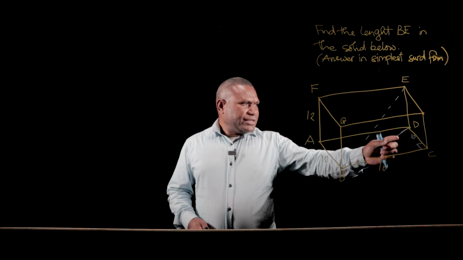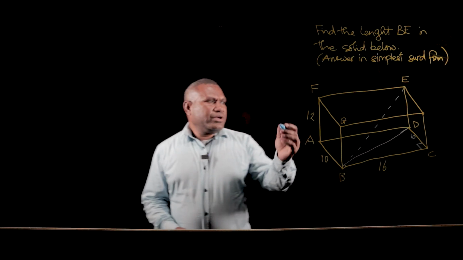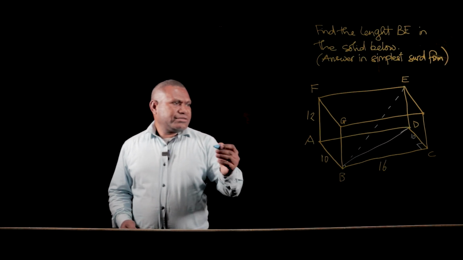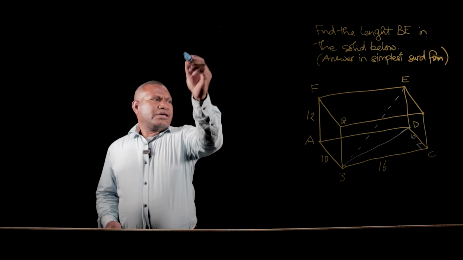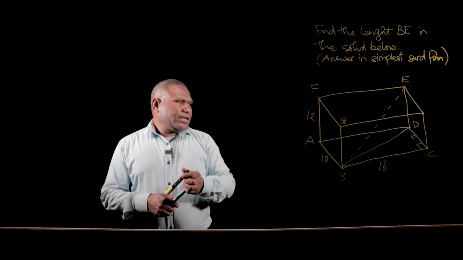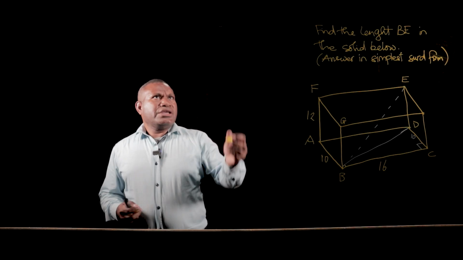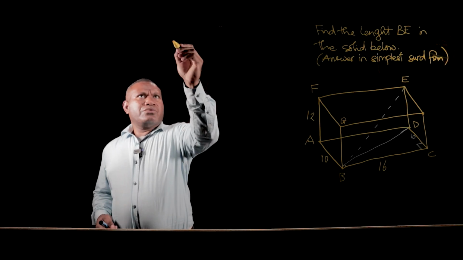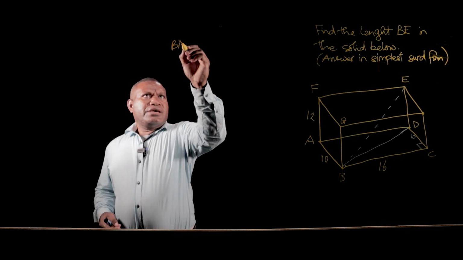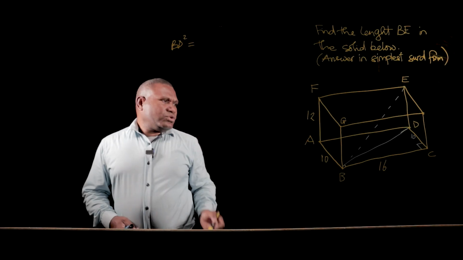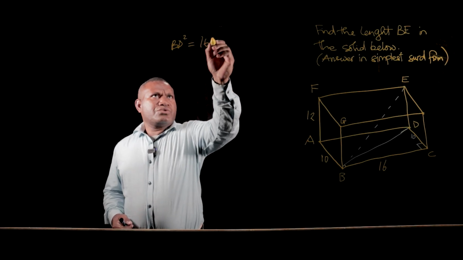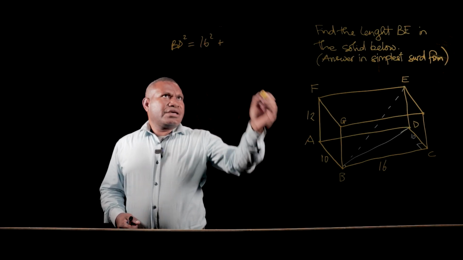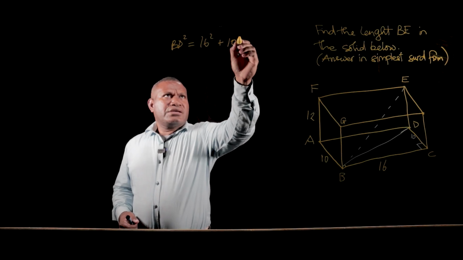All right, so as you can see, this length here, BD, we can calculate using Pythagoras theorem. Length BD is the longest side or the hypotenuse. So we will say BD squared is equal to 16 squared plus 10 squared.